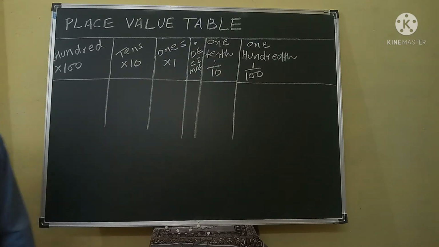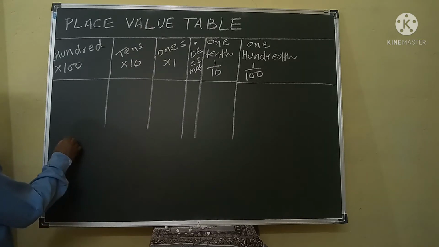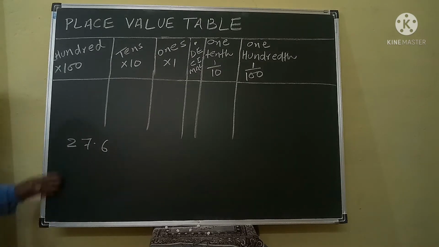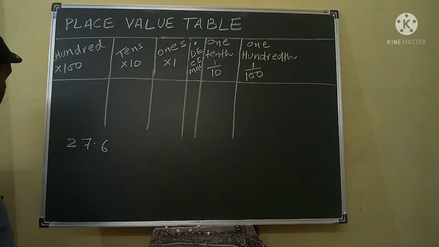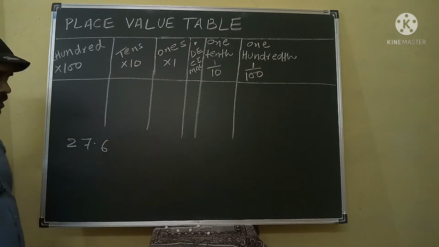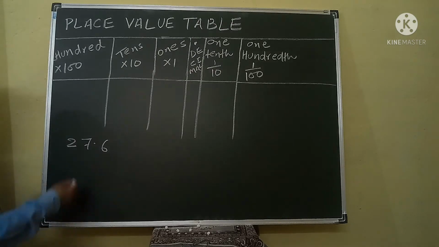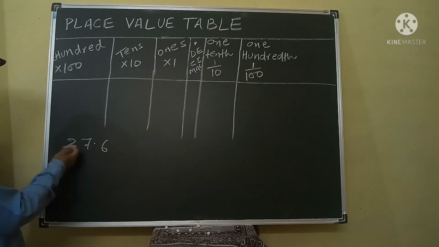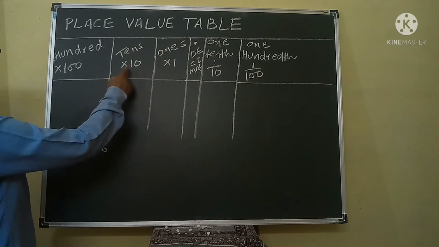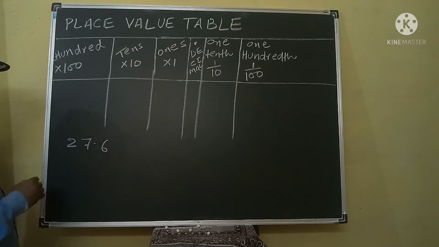Okay. Suppose you have one number, 27.6. I have one question. How can you write this number in place value table? As you are looking, the left side of the decimal is ones, tens, hundred and so on.